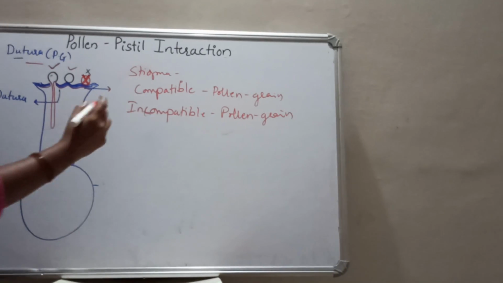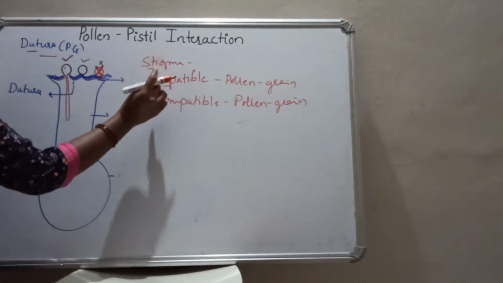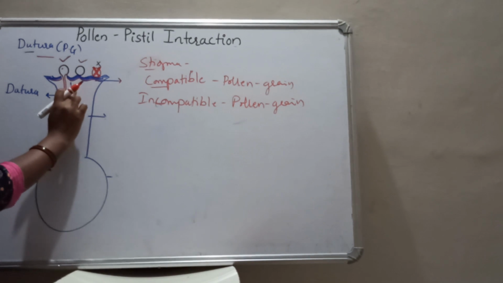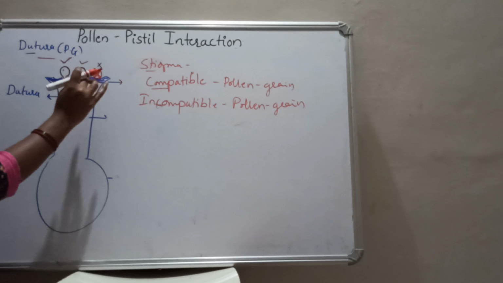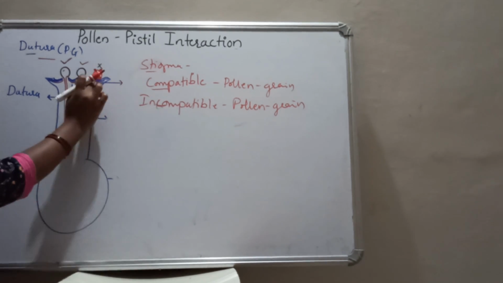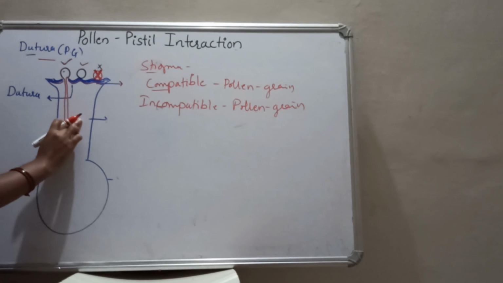For the compatible pollen grain, the stigma allows it, so it produces the pollen tube through the style, and the incompatible pollen grain does not produce the pollen tube through the style.